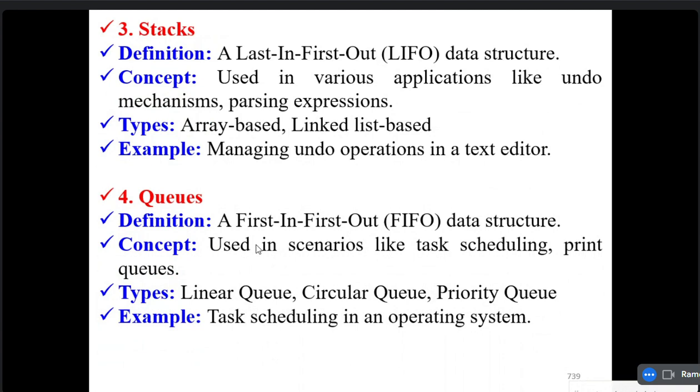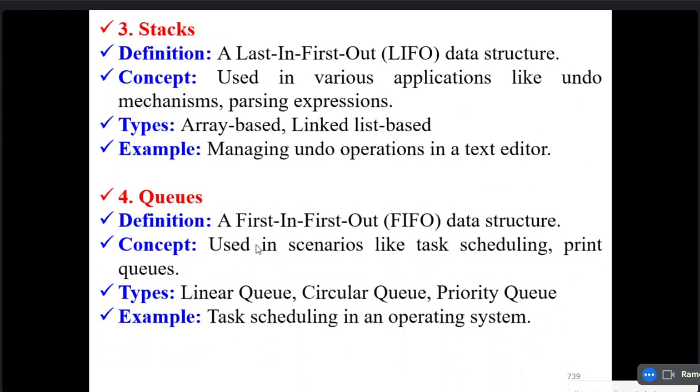Then coming to queue. Queue is a linear data structure and follows the first in first out principle, and is used in scenarios like task scheduling and printer queues. Suppose you are giving a print option, how will it take the print option?